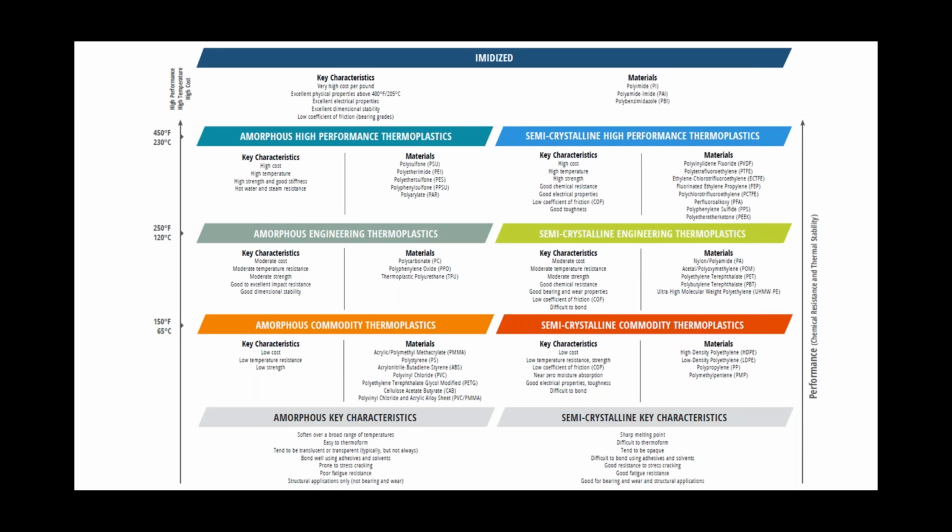However, these are incredibly expensive. They have a very high cost per pound. Oftentimes, if our customers are looking for imidized materials, they may already know, or they may have a very specific application, and it's fairly easy to focus on or choose an imidized material for their application. This is where you're going to find your polyimides and your polyamide-imides.